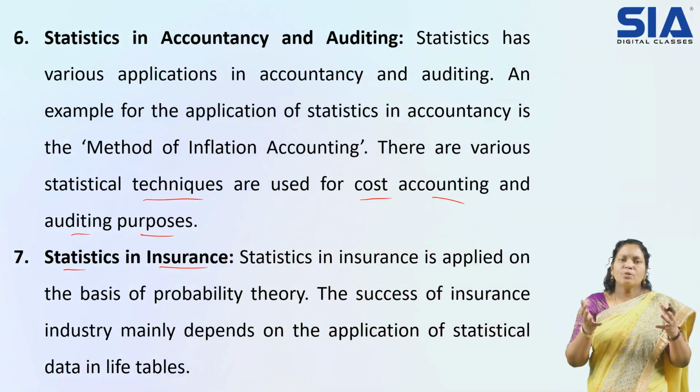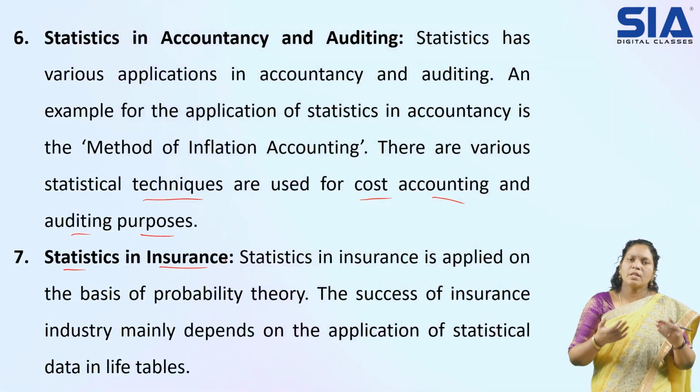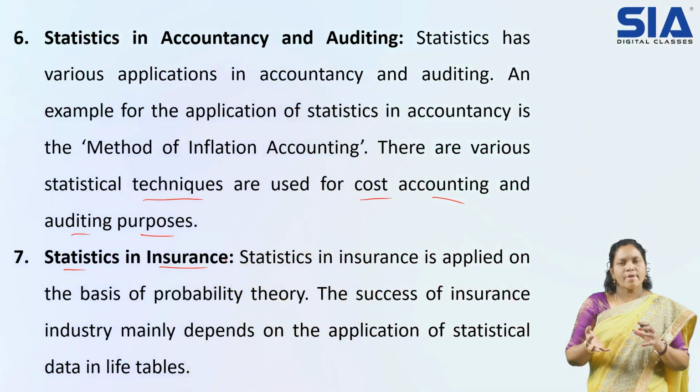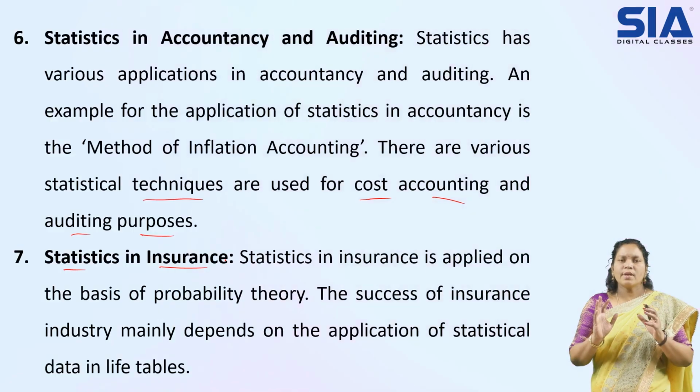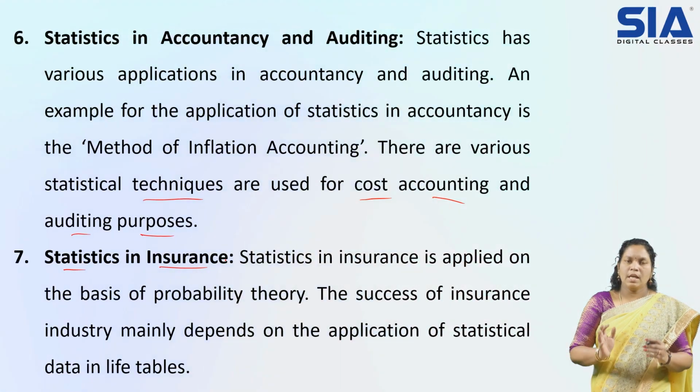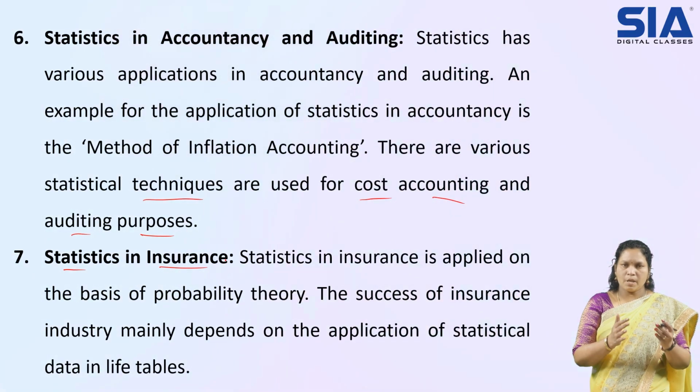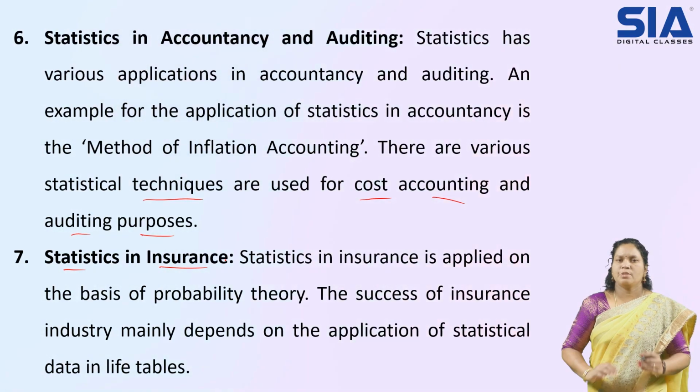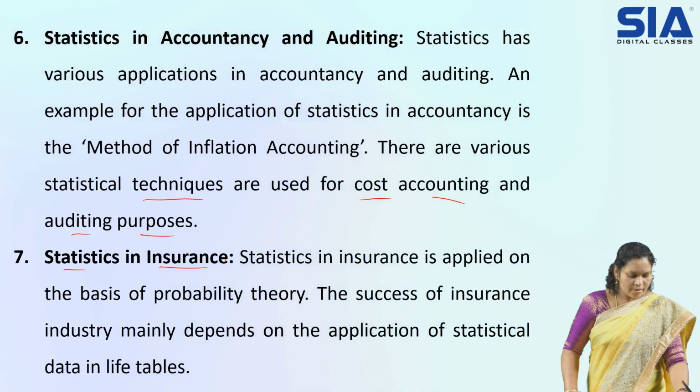They'll do surveys, check the plus and minus, and then go for implementing insurance policies. So planning and surveys all come to statistics, right? So statistics and insurance go together. So that is your seventh point.